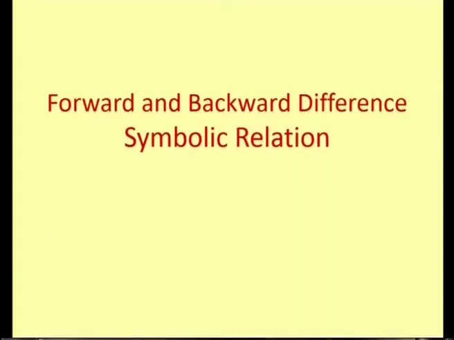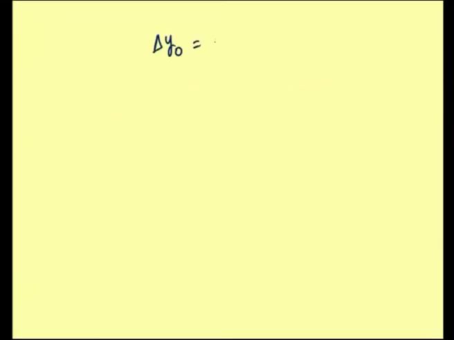A symbolic relationship is there between forward and backward differences. So, what is that symbolic relationship? We have seen in the previous session that the forward difference is given by del y naught is equal to y1 minus y naught, and nabla y1 is given as y1 minus y naught.